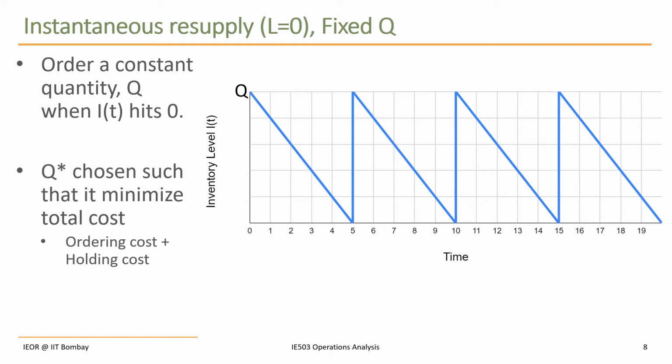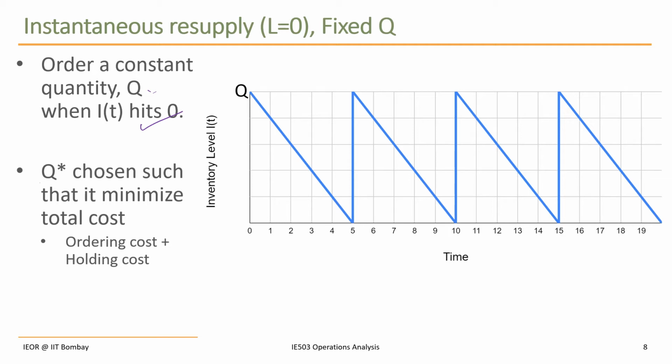It's quite straightforward to imagine that if the order quantity is known and constant and resupply is fixed at L, there is really no need for us to order different quantities when we need it. So ordering a constant quantity Q when I of T hits 0 is an optimum configuration, and there is a method through which we can choose this optimum quantity Q or Q star so that it minimizes the total cost.